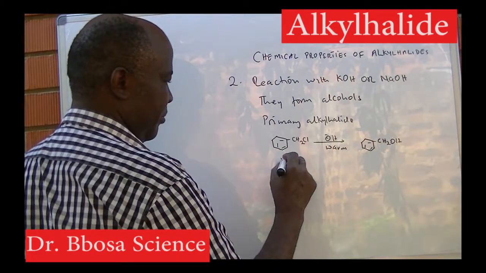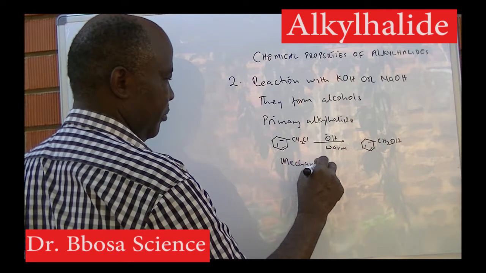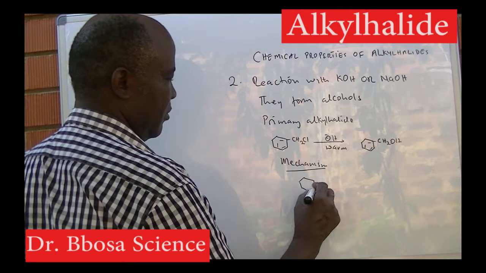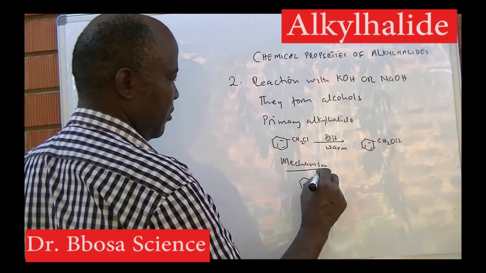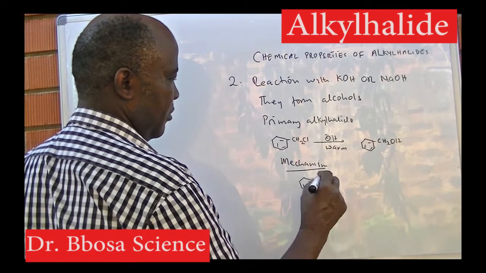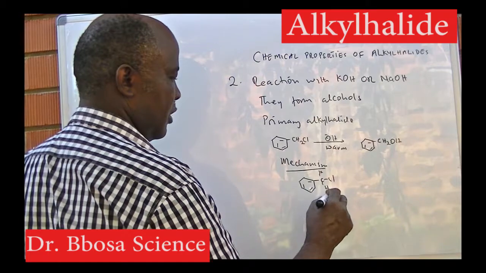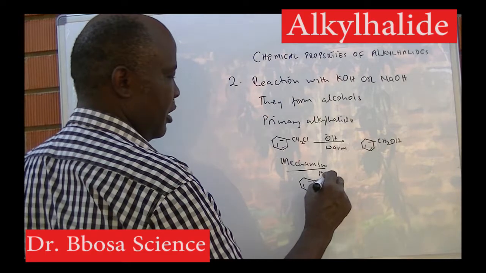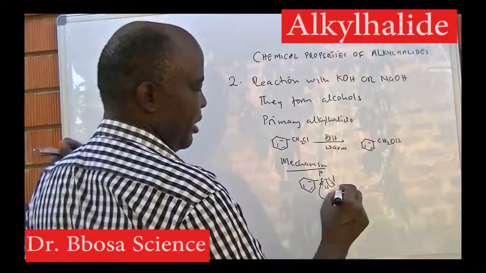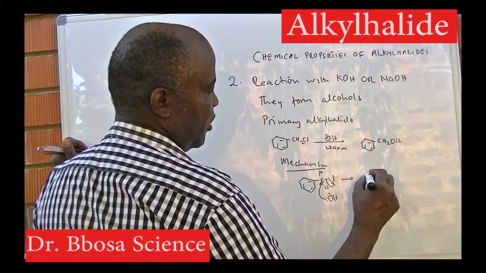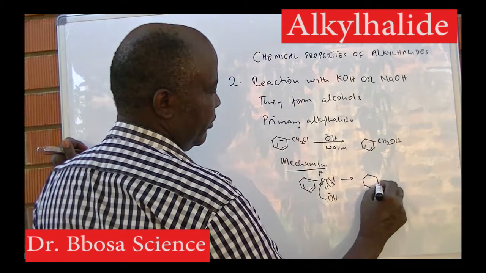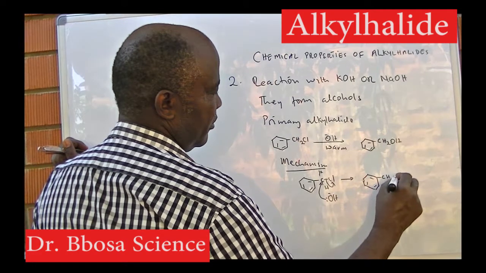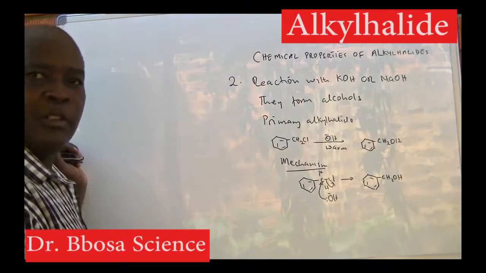Then the mechanism: the OH ion uses a pair of electrons to displace the chlorine ion from the molecule to get the alcohol.